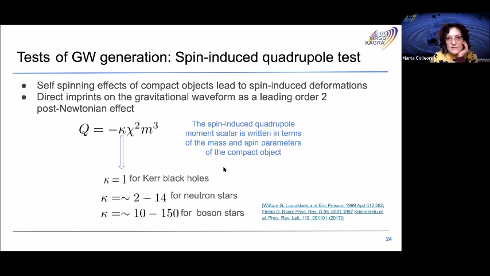This is simply telling us that the multipolar structure of space-time is uniquely determined by the spin and mass of the black hole, which we expect from the no-hair conjecture. But for other objects, say neutron stars or boson stars, this kappa can take other values, can be positive or even negative for exotic objects like gravastars.